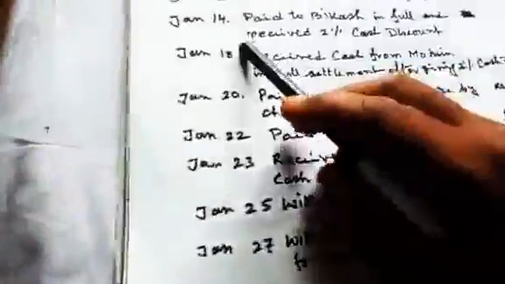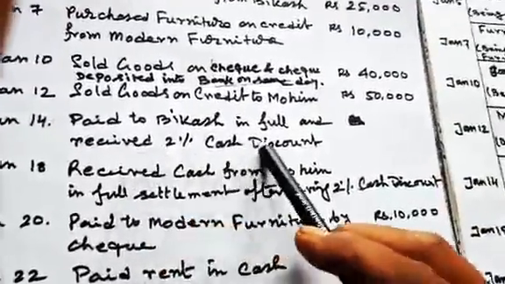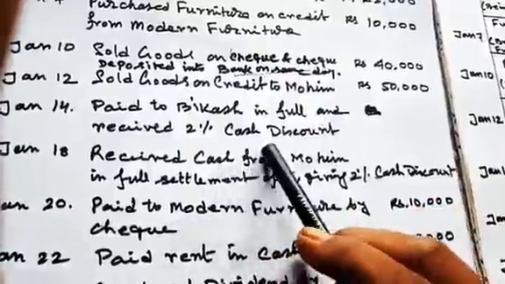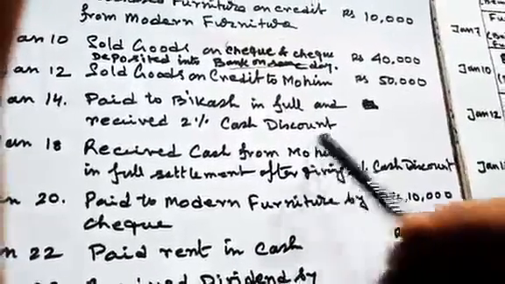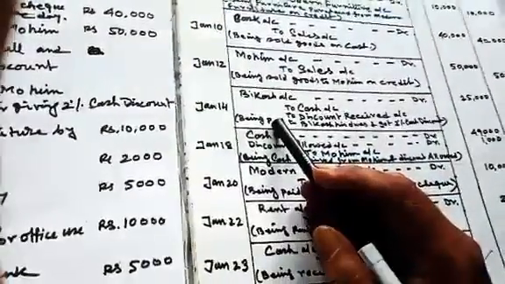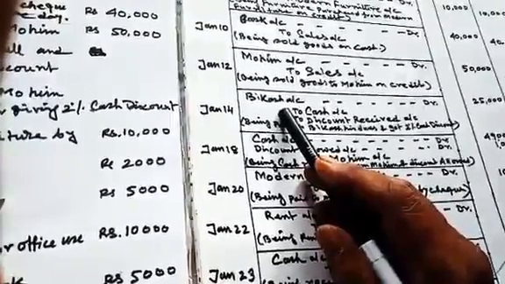Now come to the next transaction, that is January 14. Paid to Bikash in full and received 2% cash discount. See here. Bikash, being a personal account, is receiving the payment.